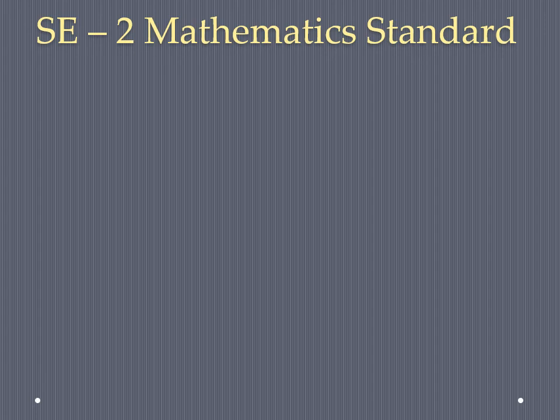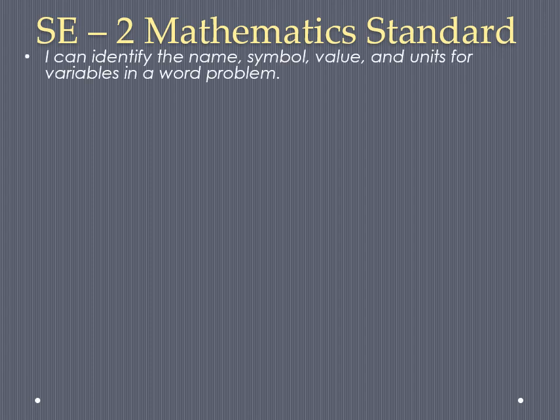Over the course of the year, we're going to be expecting you to demonstrate that you are proficient at a variety of different standards in this class. And one of those standards is mathematics. We're calling it SE2, which stands for Science and Engineering Proficiency number 2. And one little part of this mathematics standard is that we expect you to be able to identify the name, the symbol, the value, and the units for variables that you read in a word problem.